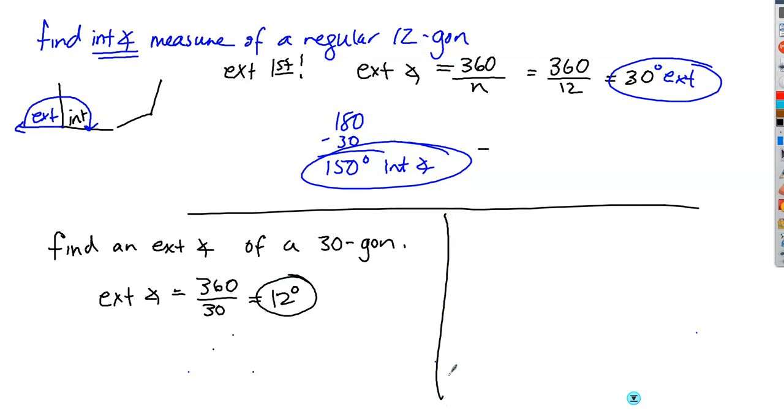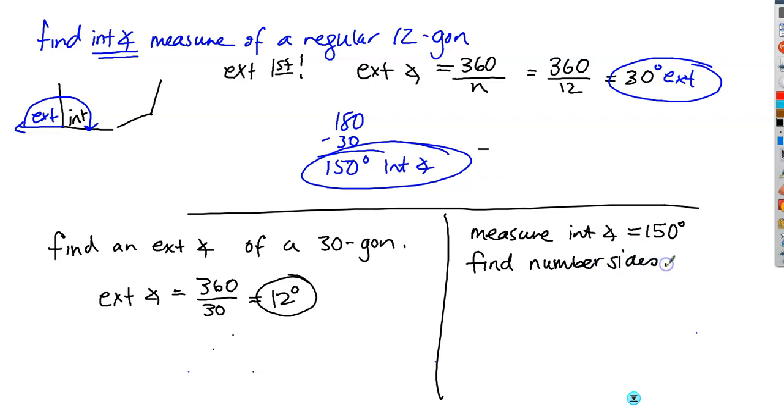If I tell you that the measure of the interior angle is, let's see, 150 degrees, and I want you to find the number of sides. Okay? So this time you know the interior angle.